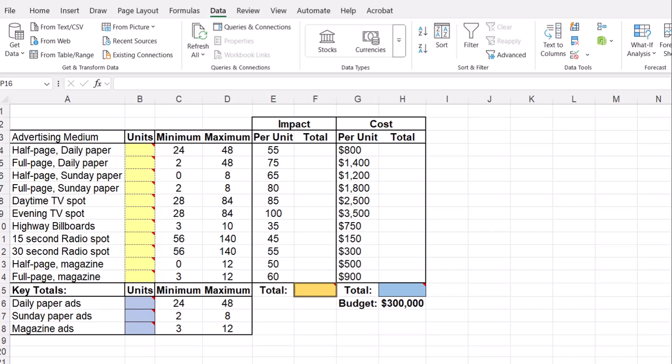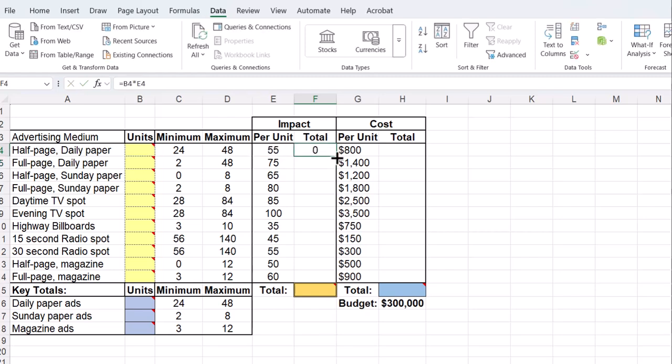So when I looked at impact, impact is going to be a function of the number of units that Solver gives me times the per unit total. So for half page daily ads, that's going to be equal to the number of units Solver gives me times my impact.